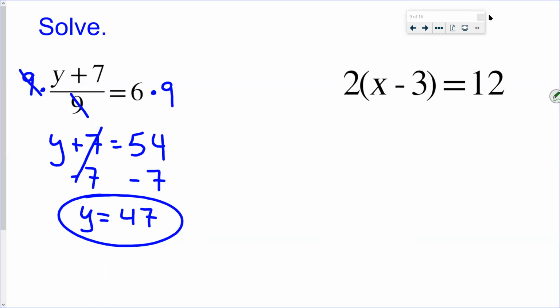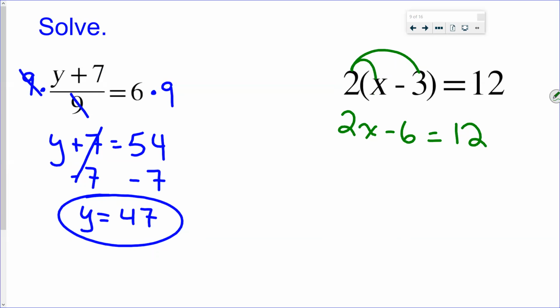Now we have this one. This one we can solve two different ways. All right. The first way I'm going to talk about is if we cover up equals 12, we just have distribution. So we can distribute this 2 all the way through. So now we have 2x minus 6 equals 12. Okay.